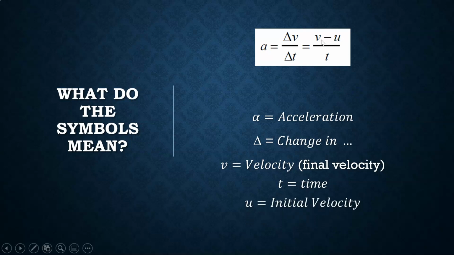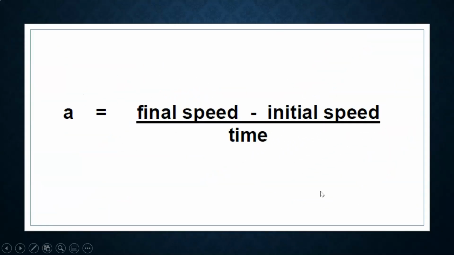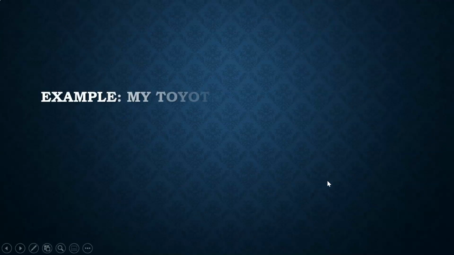So because we're looking at the change in velocity, we're looking at the final velocity take away the initial velocity. Okay, so the final speed, take away the initial speed if we're doing speed there. So here it is just using speed instead of velocity. So I just need you to relax to know that you can use speed or velocity to find acceleration. And time is the change in time.